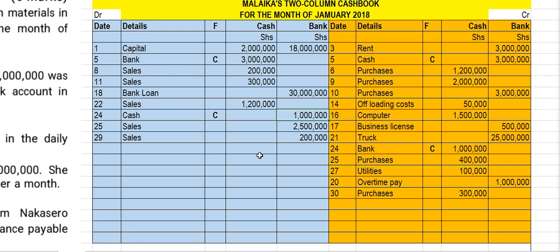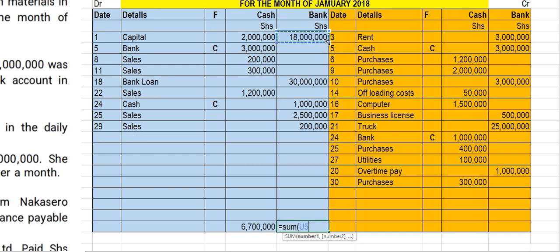Let me try to see just from here. Let me try to balance up; my debit side is bigger. My cash is 6.7. Then for the bank, let me try to see the bank side. Here I have this. Let me also add the credit to find out which side is bigger.